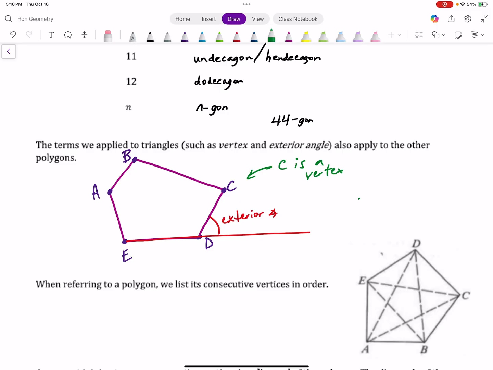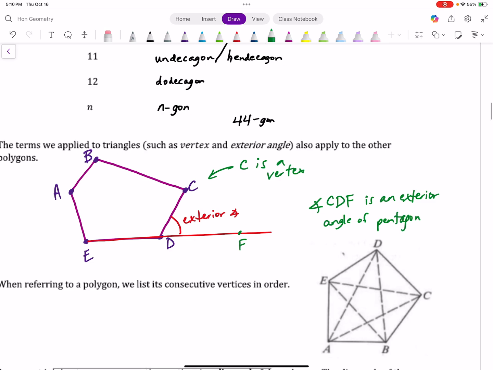And then for the angle, we'll have to name something out here. I already have an E. Let's do F. So angle CDF is an exterior angle of pentagon ABCDE. And you really don't even have to say the word pentagon. You can say it's just an exterior angle of ABCDE.